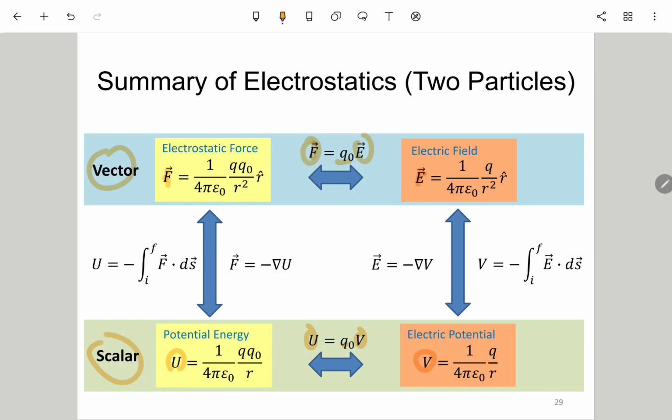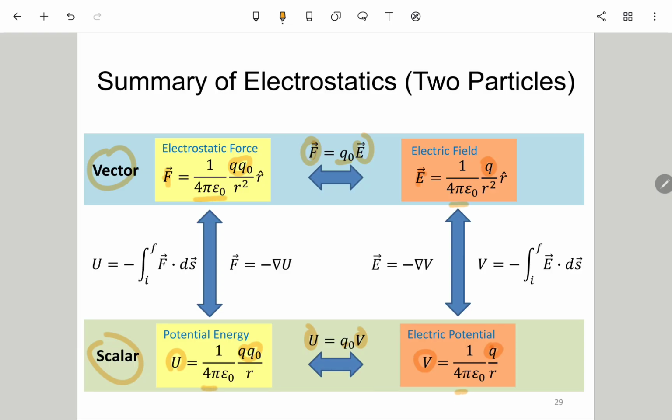U equals Q0V. On the right side we only have Q in the numerator, but on the left side we have Q0 or Q1, Q2, depending on what you want to call it. So we have multiple charges on the left side and a single charge on the right side. Of course, K is the same for all.